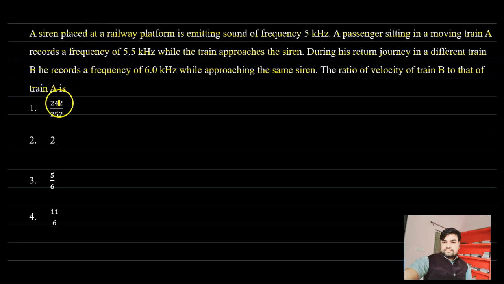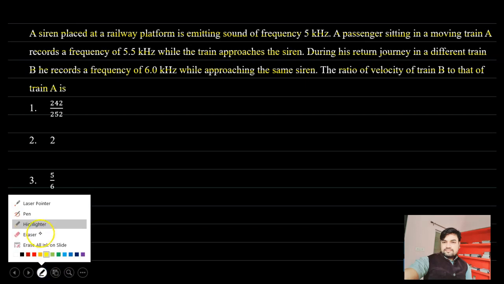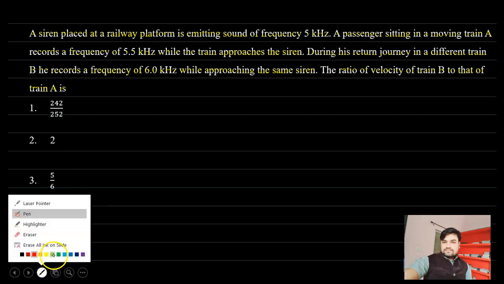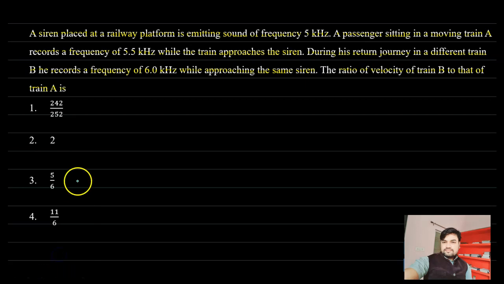So we have to find the velocity of train A and velocity of train B. So let us solve this question. This question is from Doppler's effect.